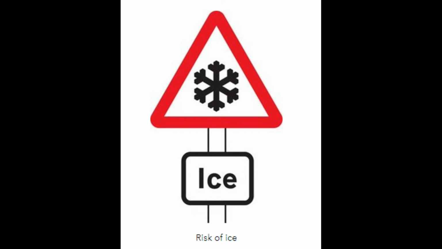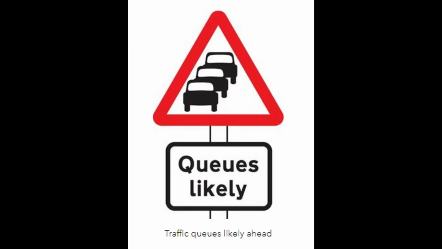You're on a road that's exposed to ice. It's an icy road, so there is a risk of ice. That means you have to test your brakes. You have to make sure that you hold the steering wheel with both hands, and you have to drive at very low speed with the highest gear possible. Queues likely ahead.